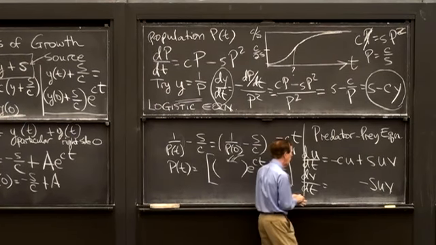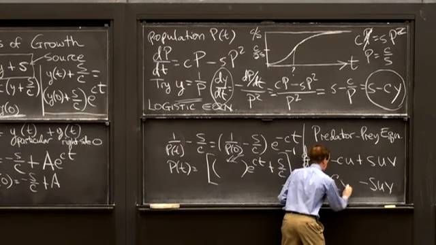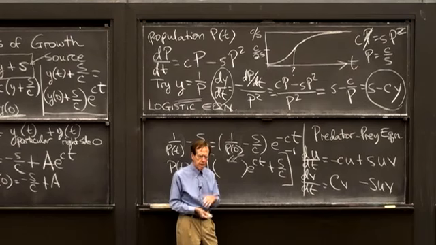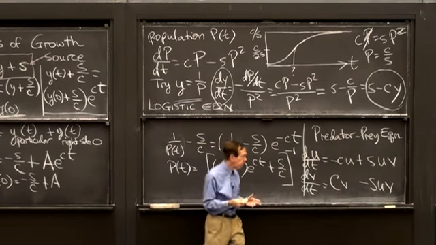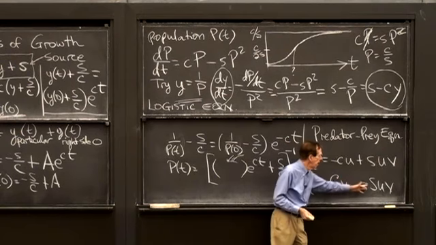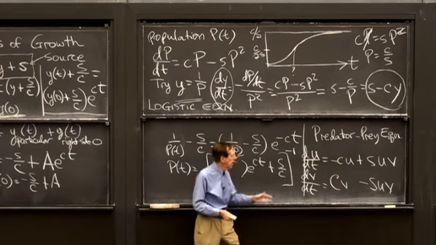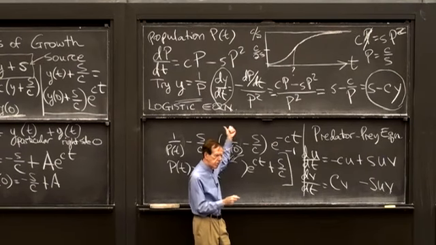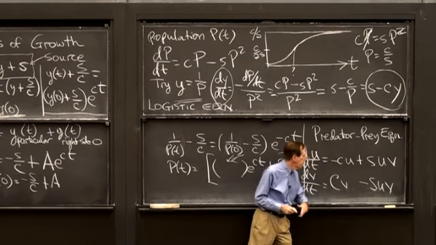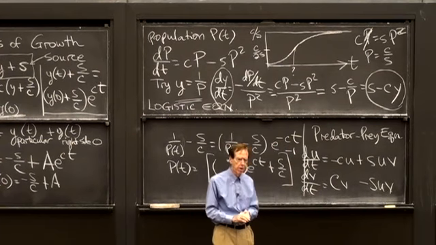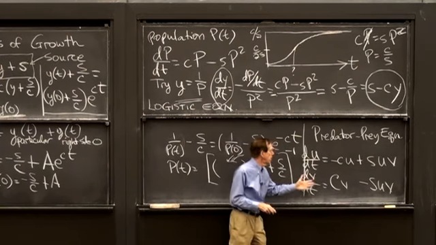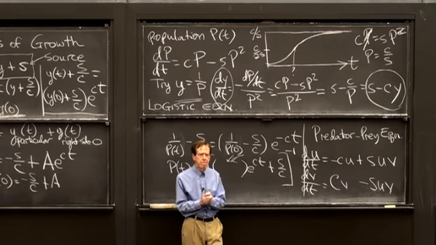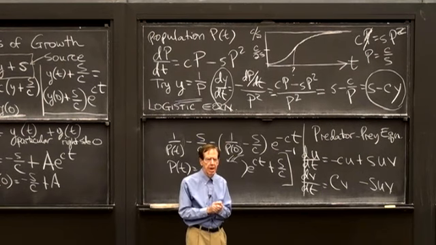So they're reproducing, so they have some positive growth rate, capital C, multiple per year. But then they will have a negative term, as we saw in population, coming from the competition with the predator. So this would be a model, a predator-prey model that also shows up in many applications of mathematics.